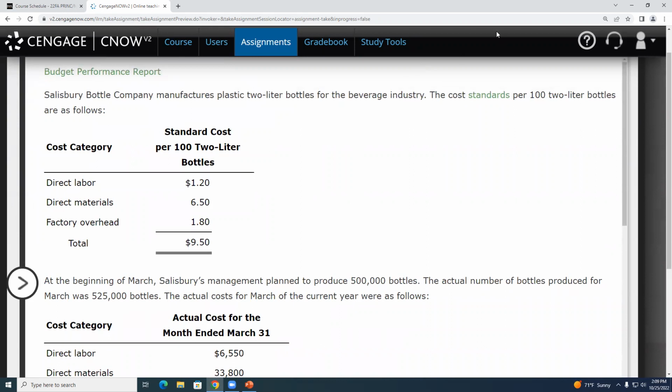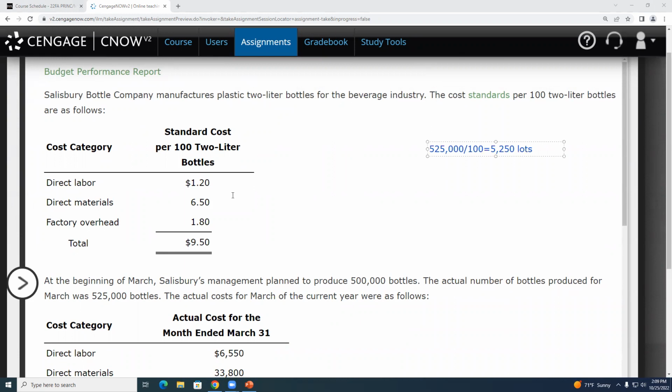So 525,000 bottles is 5,250 lots or units of bottles.